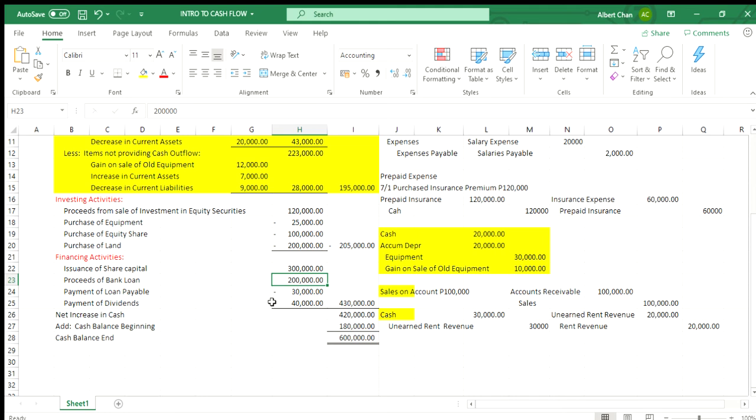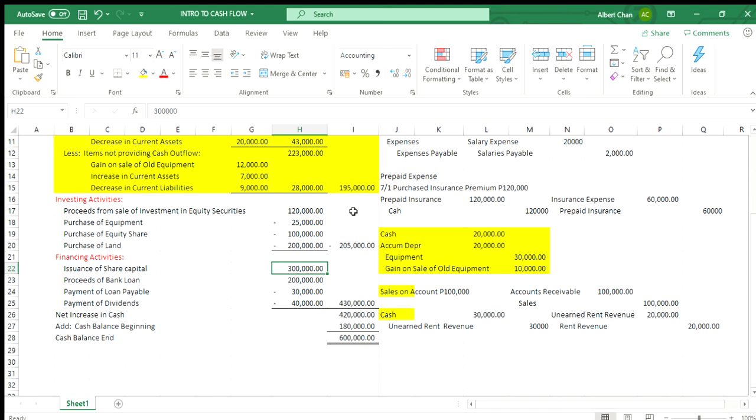You paid loan payable of 30 and dividends of 40,000. So this 430,000 is a big positive cash inflow, but look, the source is loan. You borrowed, and then you issued additional share capital.